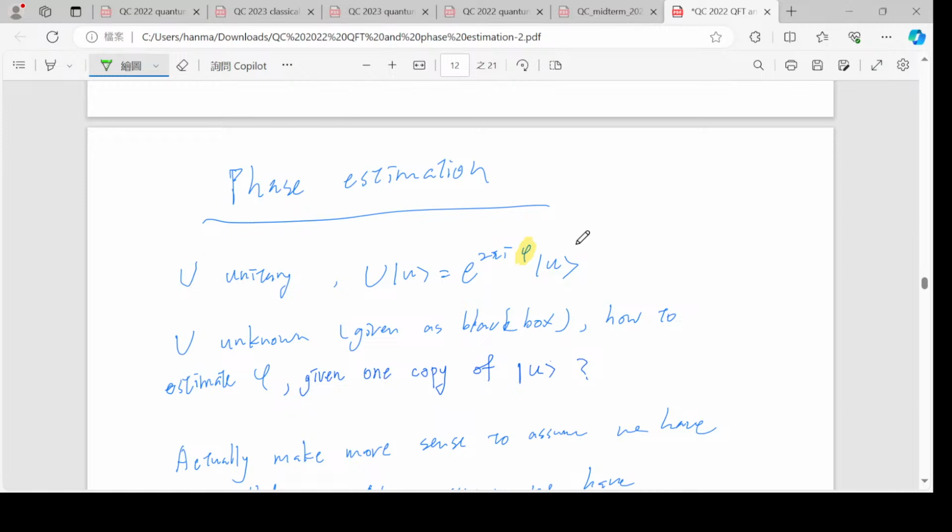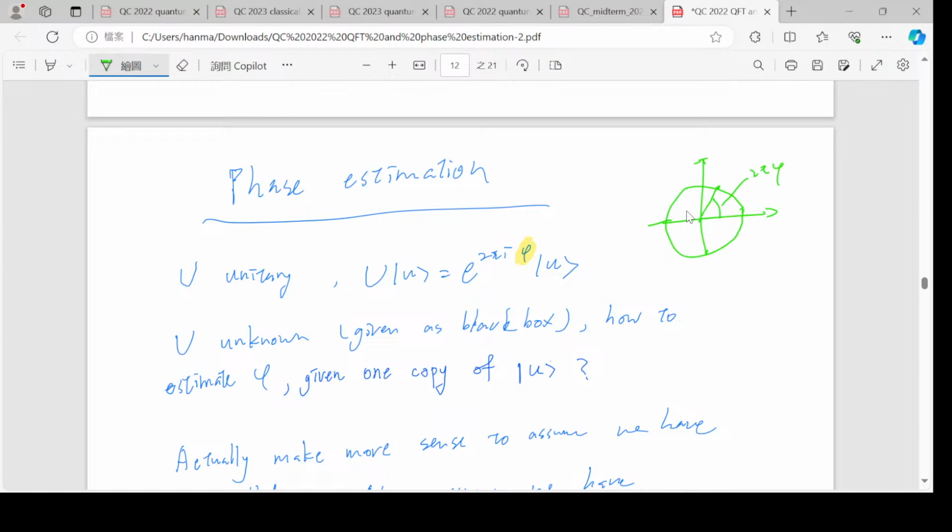Because phase is once again on our favorite complex plane, something on this unit circle, e to the 2 pi i phi. Phi is like the fraction of the whole circle you have, so I guess this is 2 pi phi.